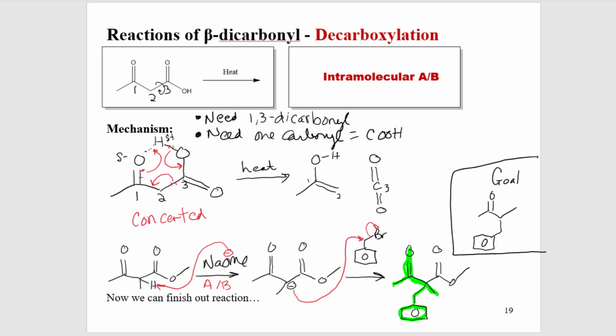So if you notice, carbon 3, actually I'm going to write it down here. Carbon 3 is carbon dioxide. So we have lost carbon dioxide as a gas. It bubbles away. What we're left with is an enol.